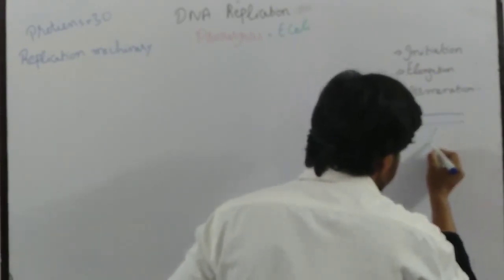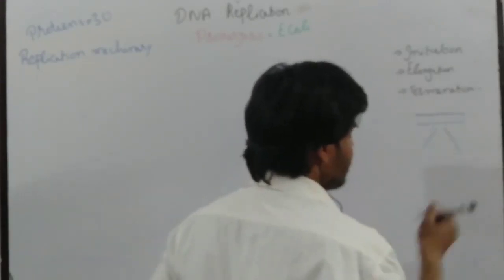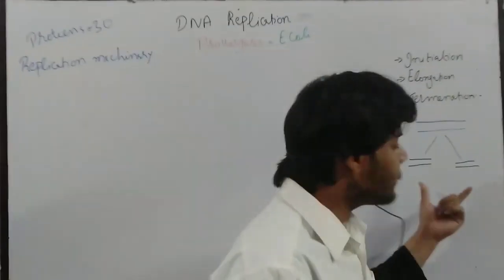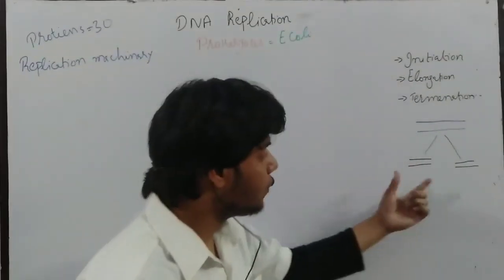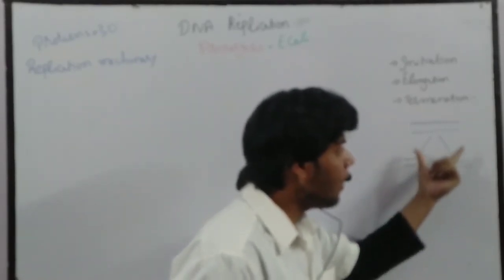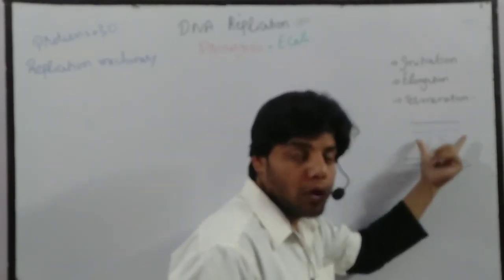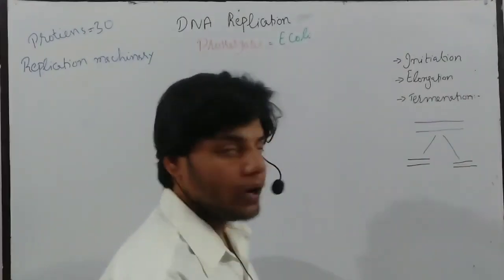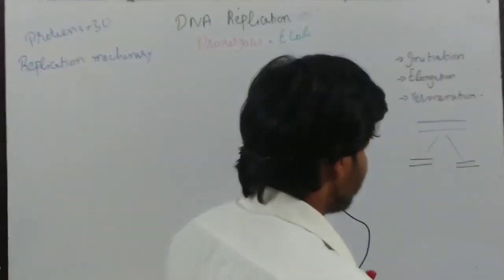From this DNA strand, by using it as a template, we get 2 daughter DNA. This is called replication. Let me once again tell you, it is the process in which we get 2 daughter DNA from one parental DNA, or from old parental DNA we get 2 new DNA strands. We call that replication during cell division.